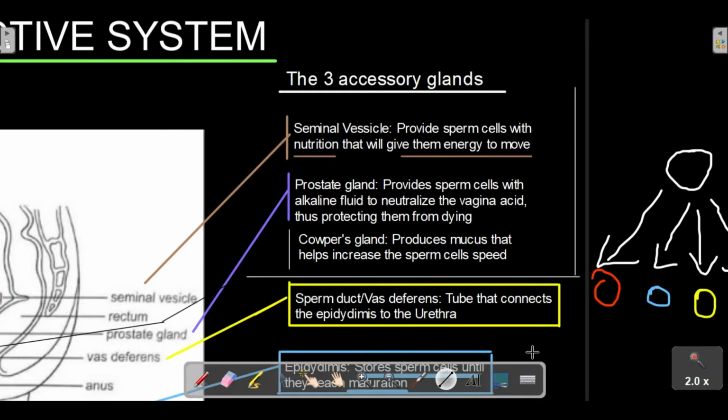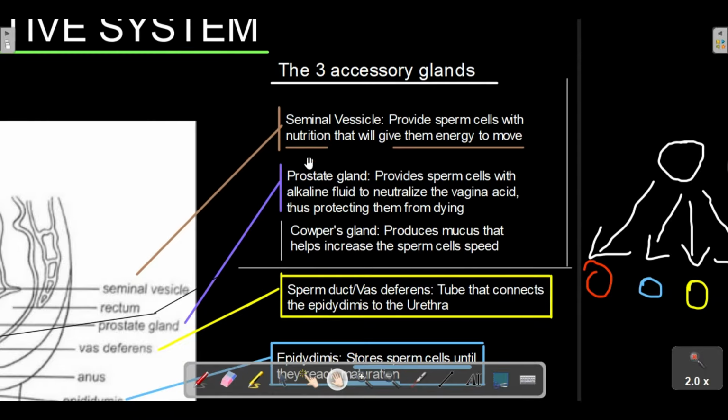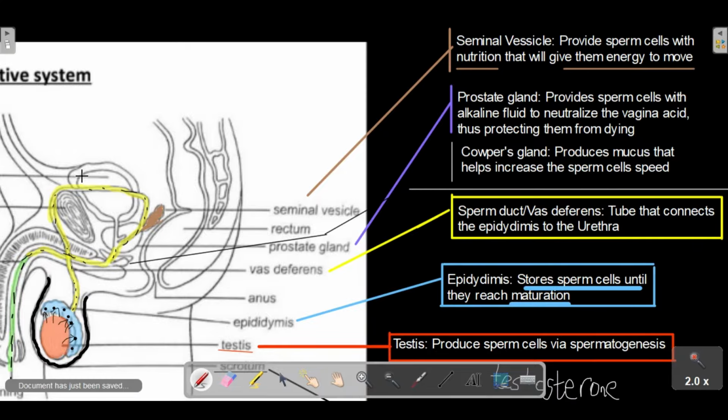So these three accessory glands produce the fluids that form the semen. Remember, sperm cells are microscopic, and so what you see really is semen, which is a mixture of fluids that are produced by these three accessory glands. And so we're saying that as the sperm cells travel along the sperm duct, the seminal vesicle provides them with a nutrient-rich fluid which will give them energy to continue moving.